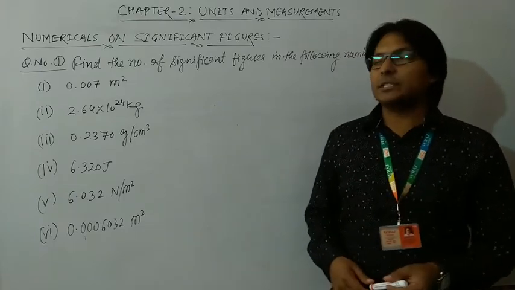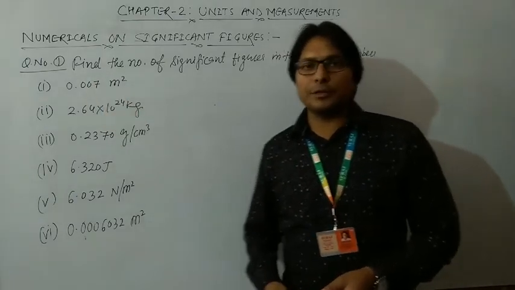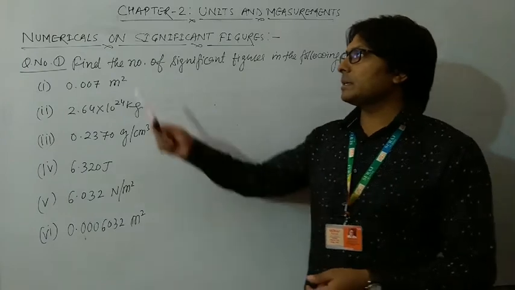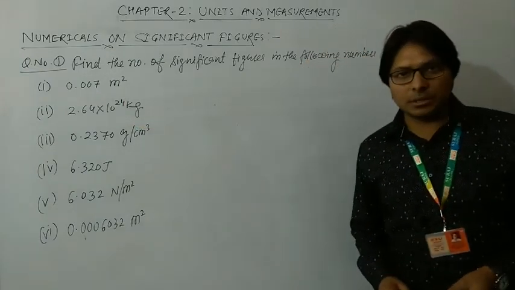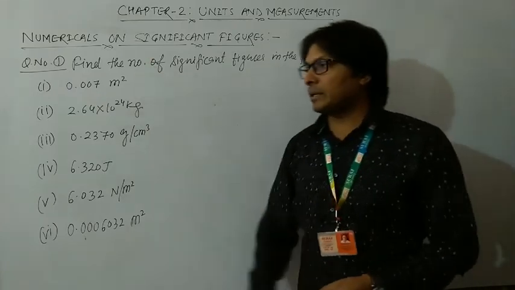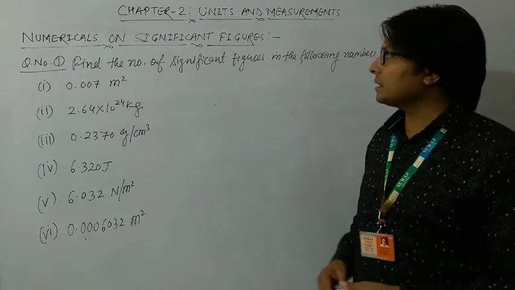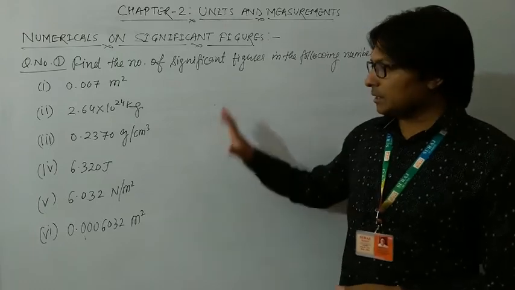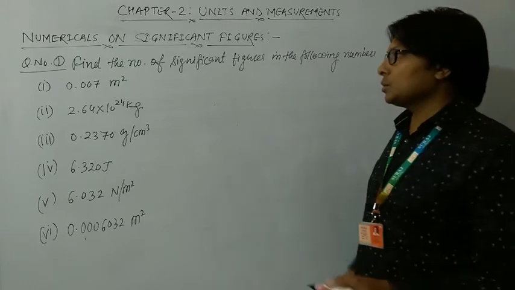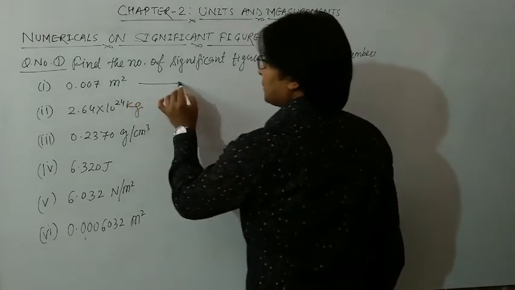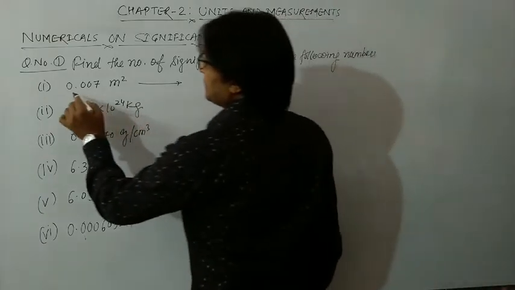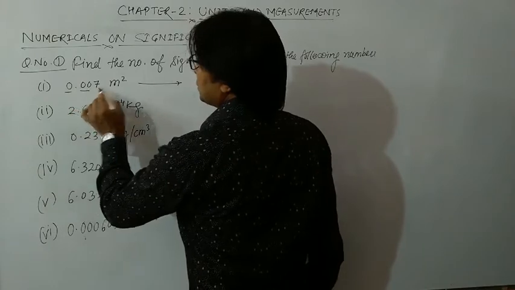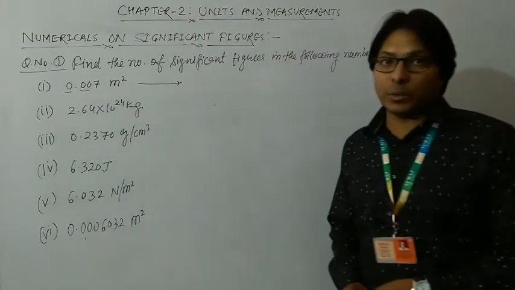So here I have taken the very first question from NCERT. Find the number of significant figures in the following numbers. These numbers have been given, and we have to find out the significant figures in all the numbers. Starting from the first part, 0.007 meter square.